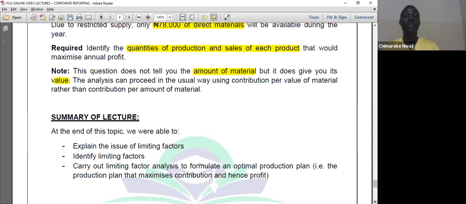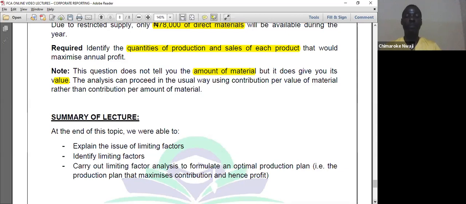Step number 4, find the contribution per limiting factor of each of the products by saying contribution divided by limiting factor per unit. Step number 5, you carry out a ranking based on your contribution per limiting factor. And I said contribution per limiting factor is only gotten because we want to do ranking. Step number 6, prepare a production schedule based on your ranking.